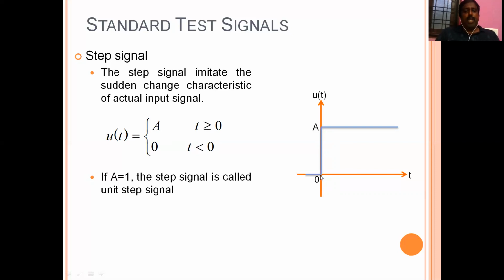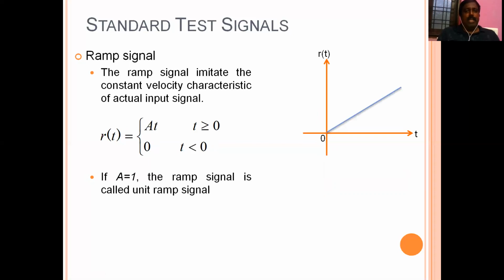When t is less than 0, the step signal is 0. When t is greater than or equal to 0, the step signal is equal to the amplitude. When amplitude A is equal to 1, the step signal is called the unit step signal, and it is represented like this.